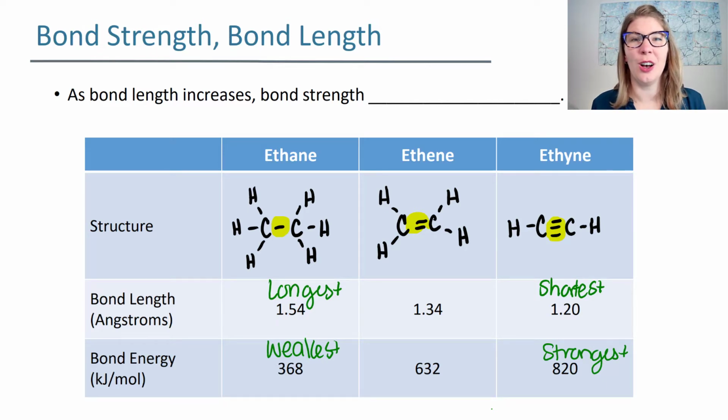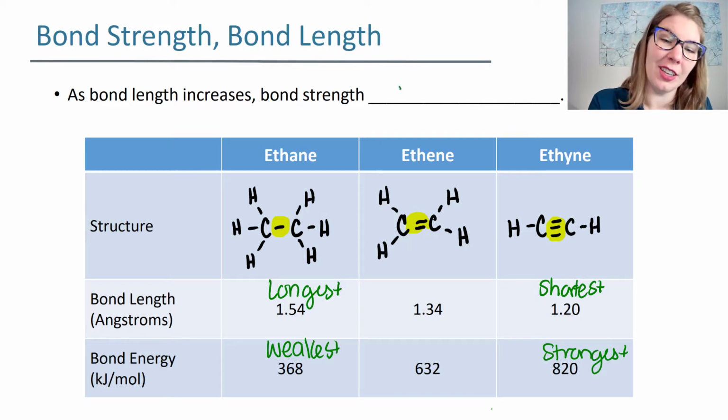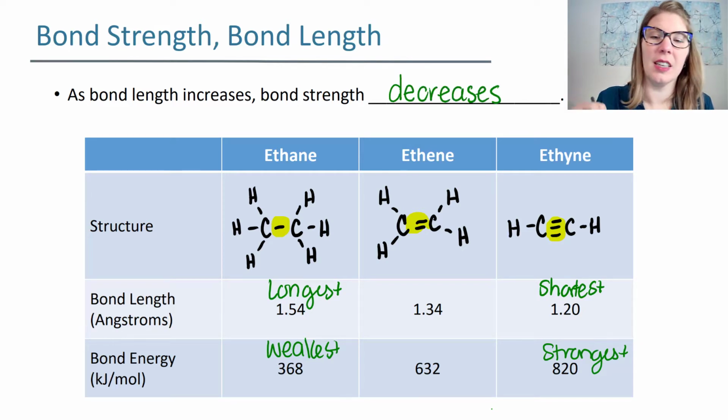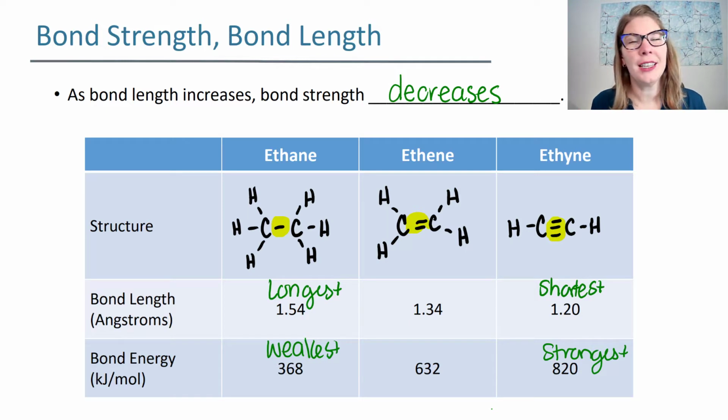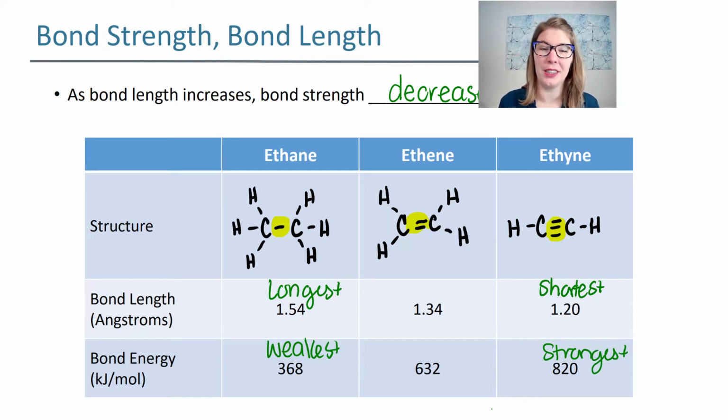Single bonds are longer and weaker. So if we look at the top of this and we say, as bond length increases, bond strength decreases. And this is just an important idea to have in the back of your mind when we dive into resonance, which will happen a little bit later.